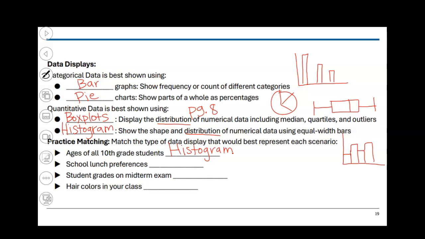All right, what about school lunch preferences? Is that categorical or quantitative? Categorical. What would you choose? What would be better? Pie chart. You're 0-2 now.